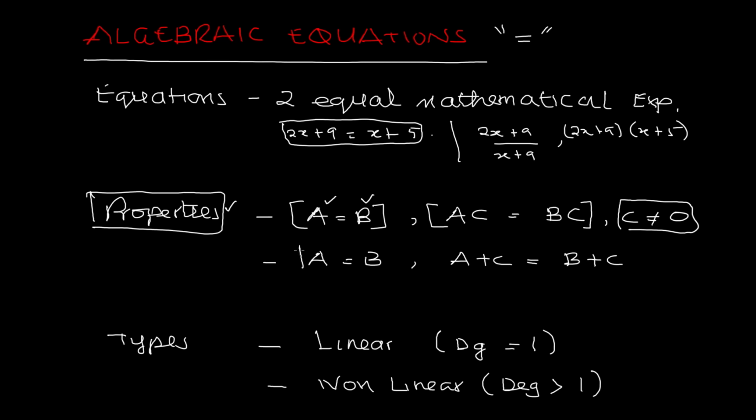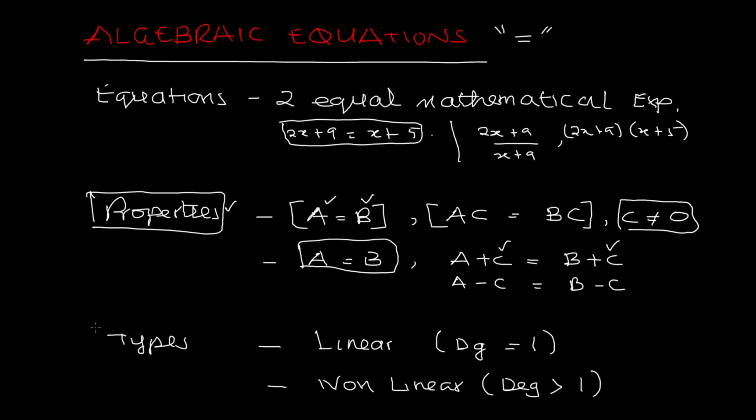Also, we can add or subtract the same factor from both sides, and then we still get the same equation. So I can also do this. It'll be the same.